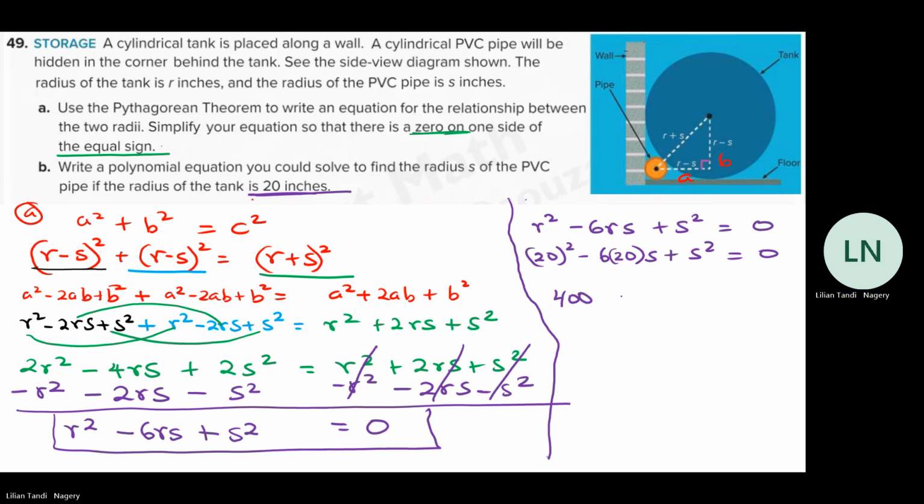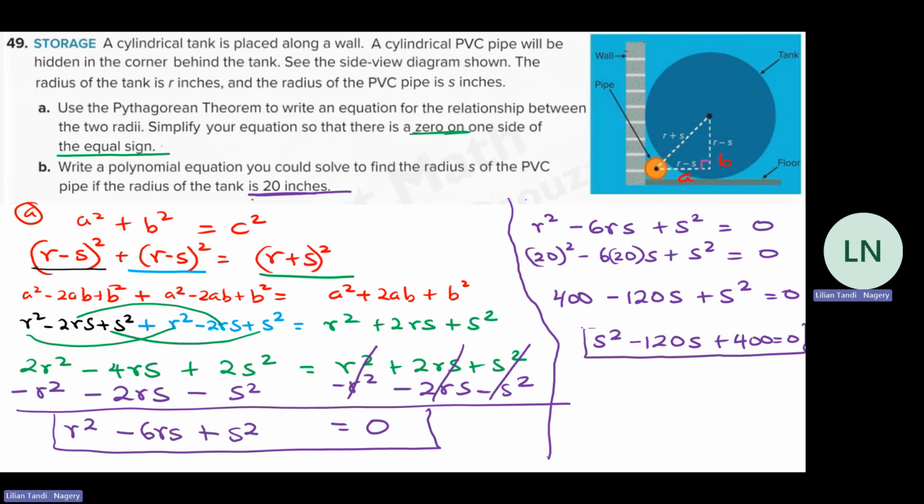400 minus 120s plus s squared equals 0. So the polynomial is s squared minus 120s plus 400 equals 0. This will be the polynomial that will help me solve for s.